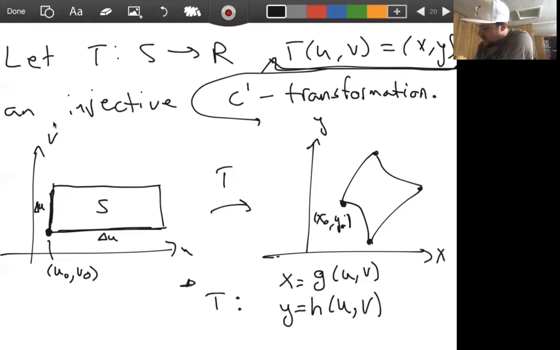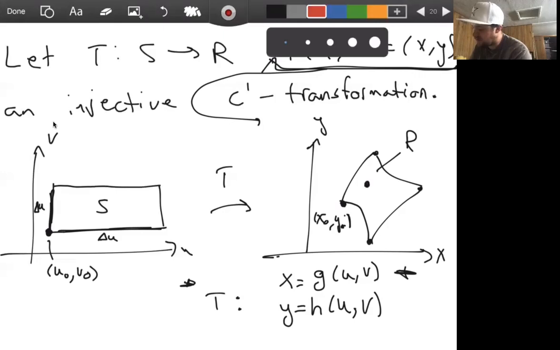We can indicate where we're at in this region R by a position vector.